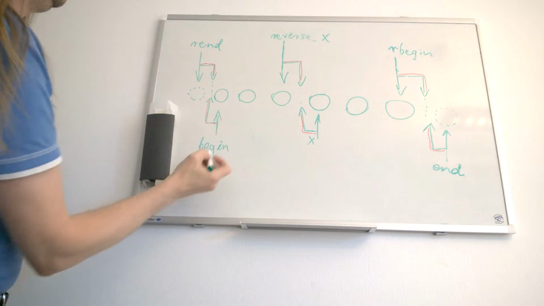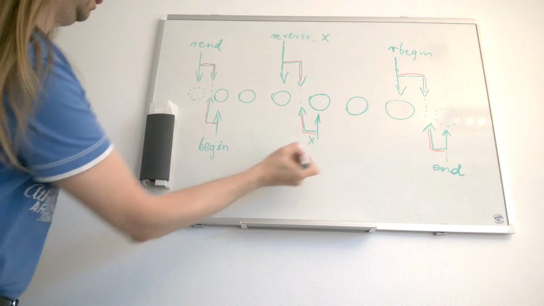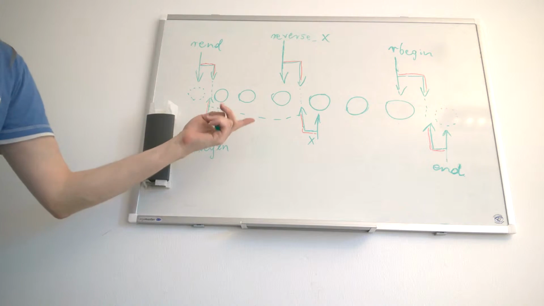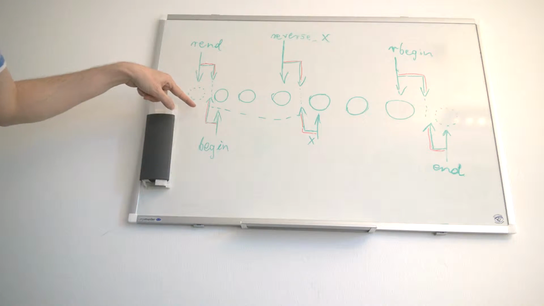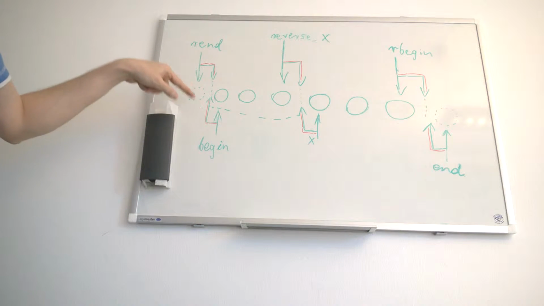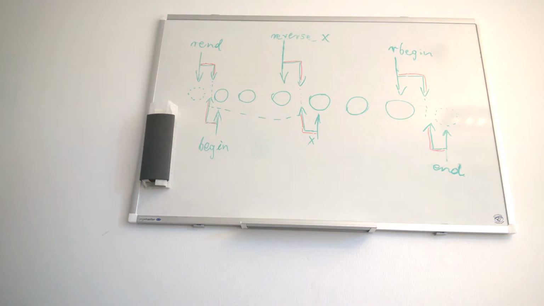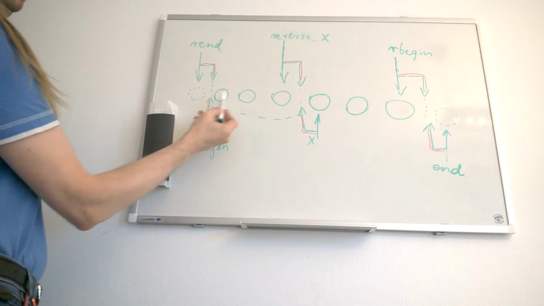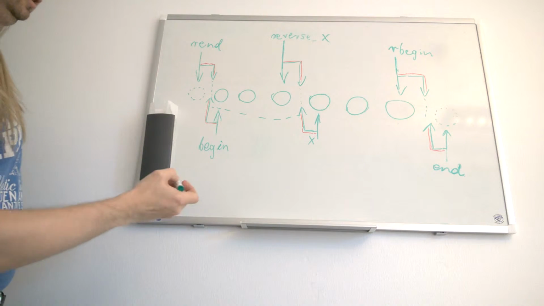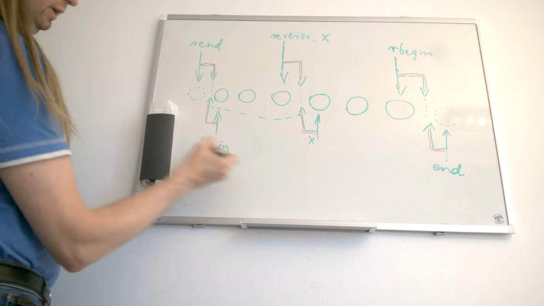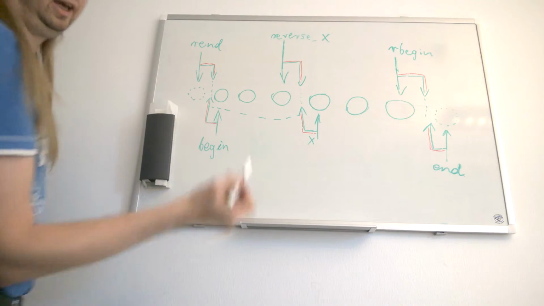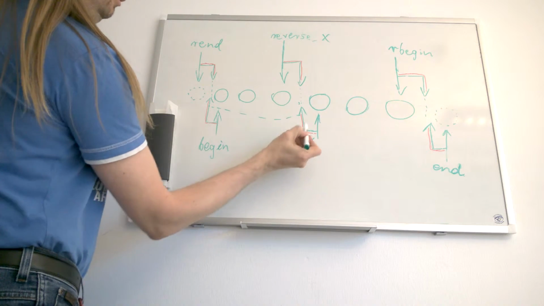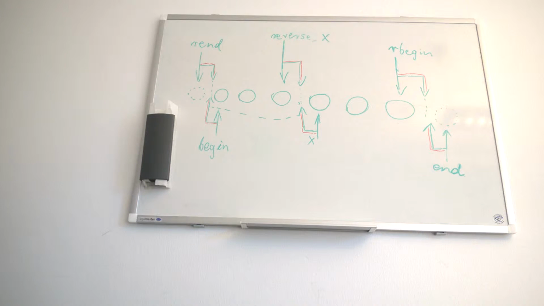So the range between begin and end is from here to here, because this second arrow defines the limit for the range. With this range, we have these three elements. So this is the range from begin to x. To x means that x itself is not included, because the limit is always before the pointed element.